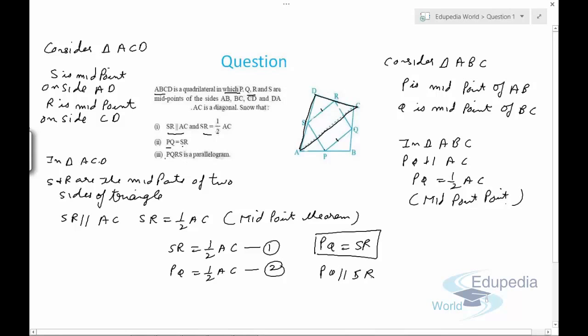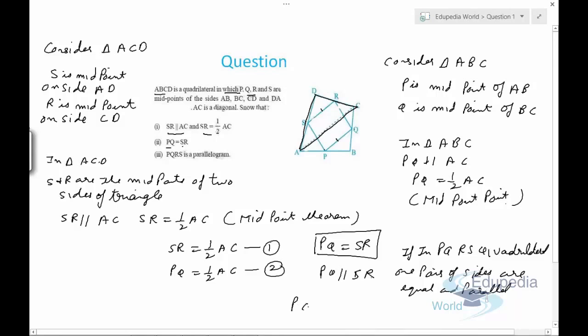Now, the last part says that we need to prove that PQRS is a parallelogram. So how can we prove that? We need not prove this part separately, since we have already proved that PQ is equal to SR and PQ is parallel to SR. So if, in quadrilateral PQRS, one pair of sides is equal and parallel, then it's a parallelogram.